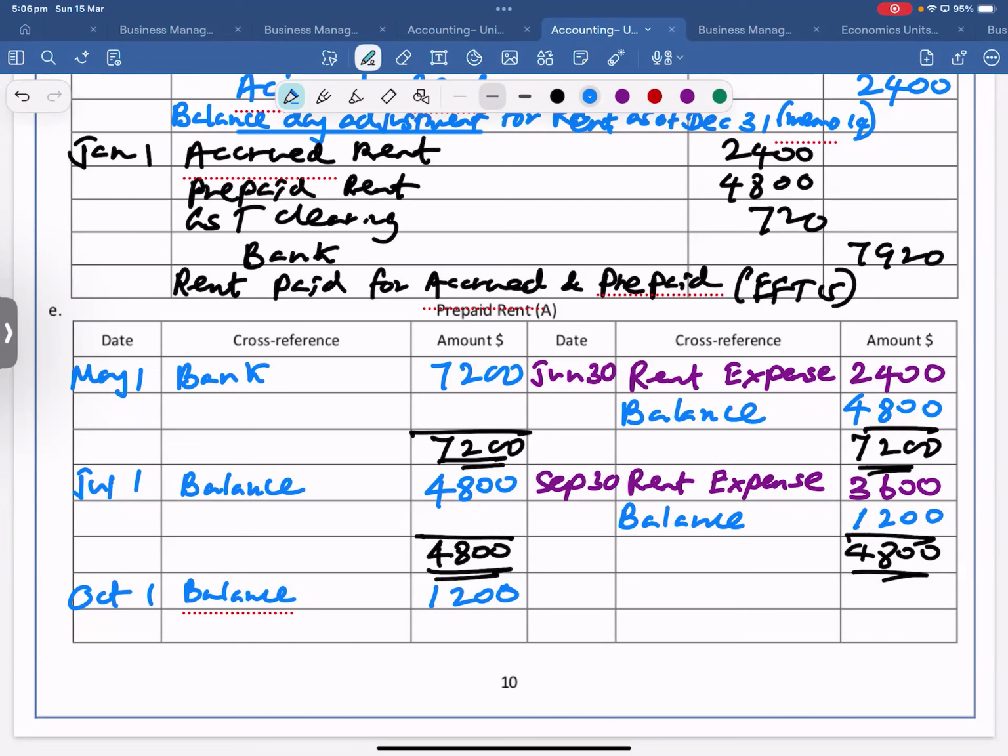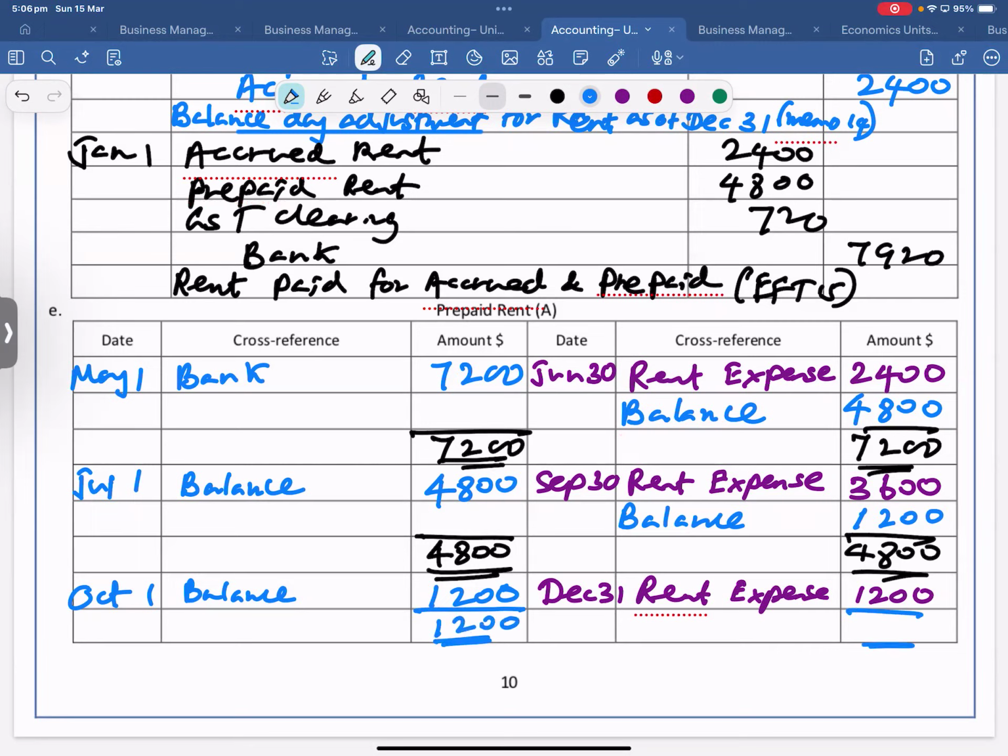Yes. What is the entry? Expense. How much? 1,200. Yes, 1,200.